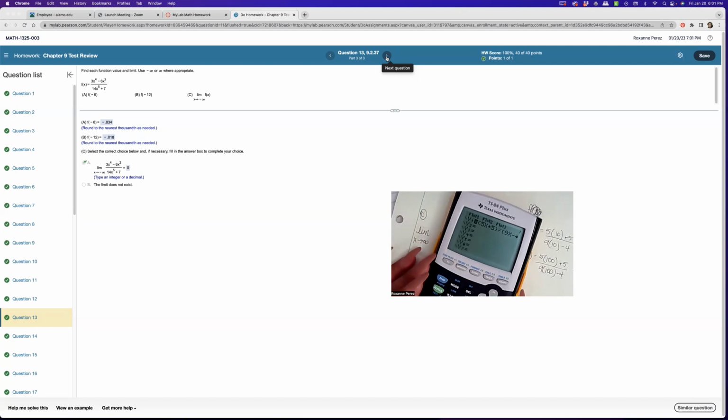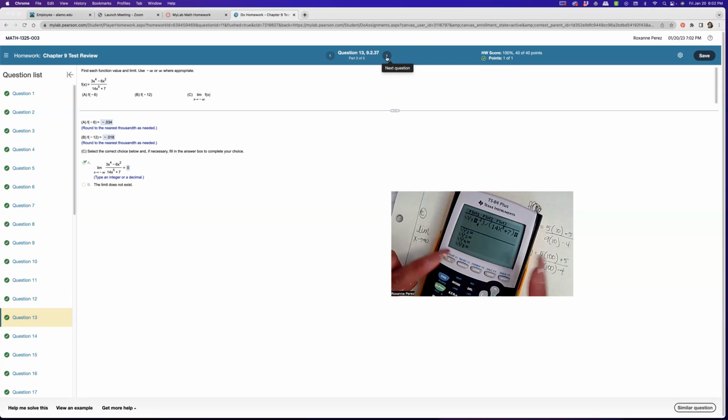So I'm just going to show you guys really quick how to do it in the calculator. So open parentheses, 3x raised to the 4th power minus 6x squared, close parentheses, divide by 14x to the 5th power plus 7, close parentheses.